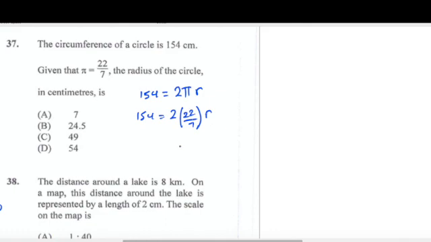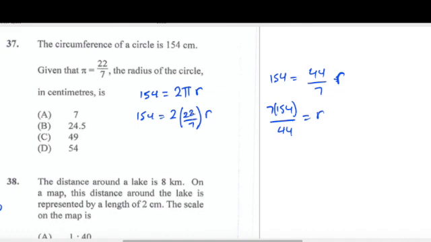Oh my, this is a little bit tough. So let's just see to do in our head. 154 is equal to, well, 2 times 22 is 44 over 7 times the r, so I could just throw over the 7. So 7 times 154 divided by 44. That is what r is going to be.